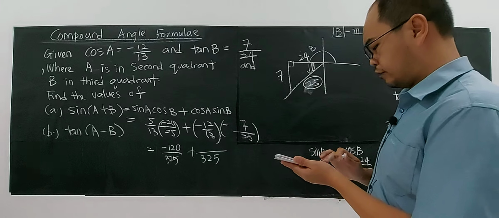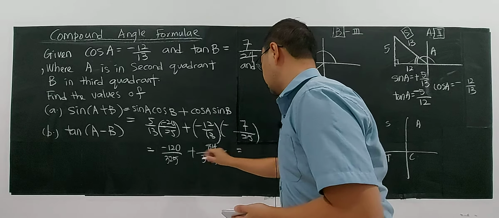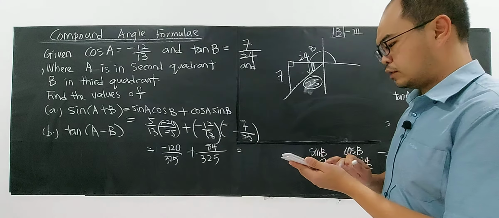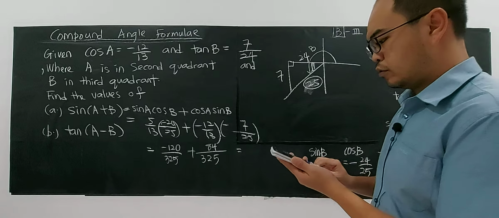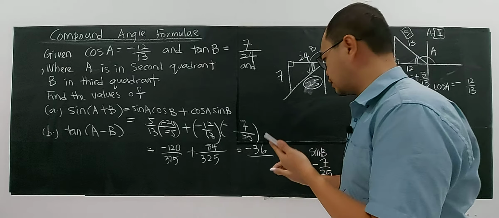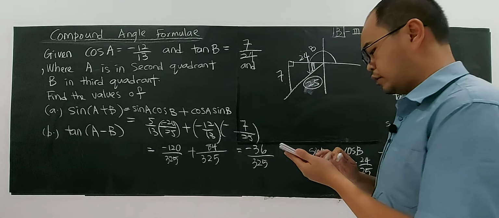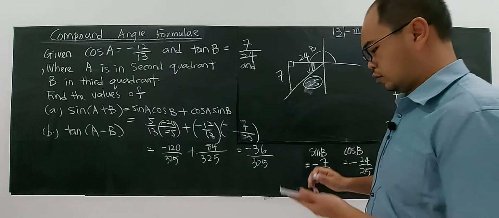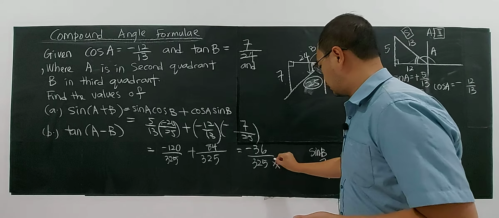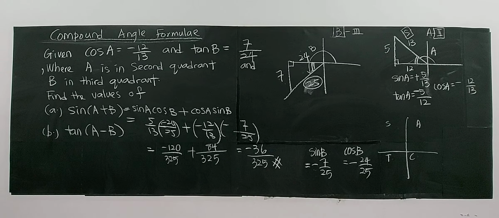And negative 12 times negative 7, you have 84. Finally, taking negative 120 plus 84, you have negative 36, over 325. So this will be the answer for sine A plus B. I will solve part B for you.